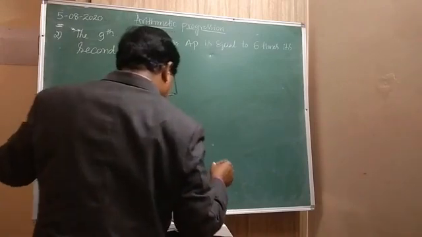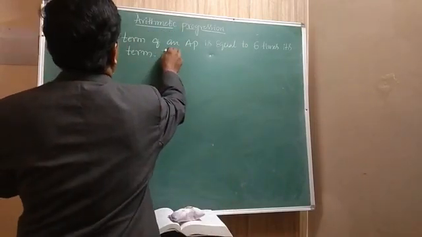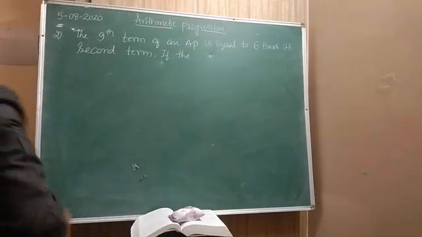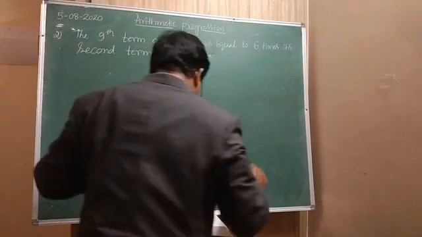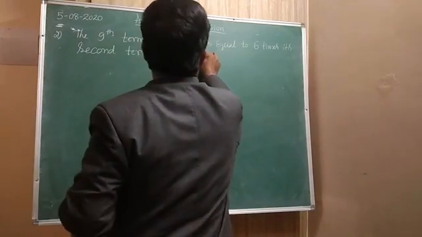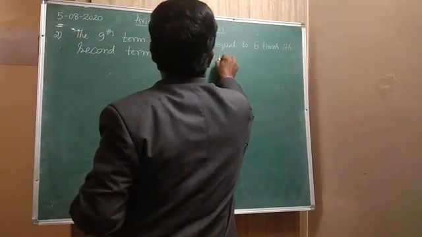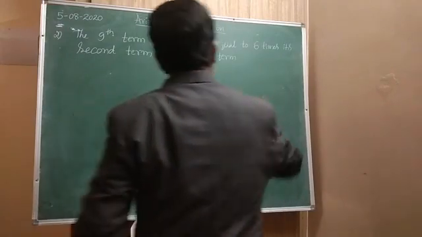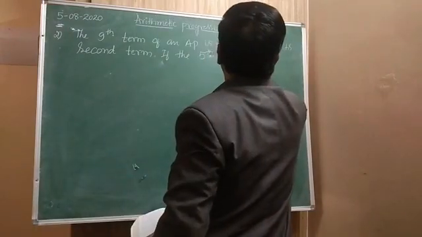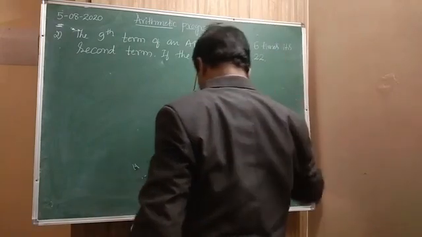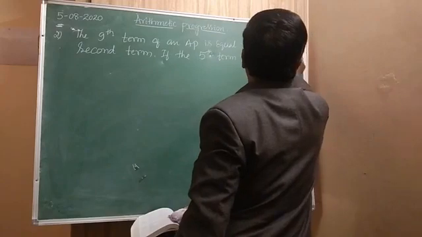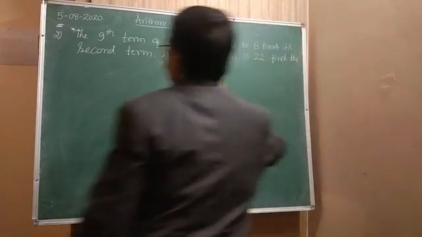Full stop. If the fifth term is 22, find the AP.